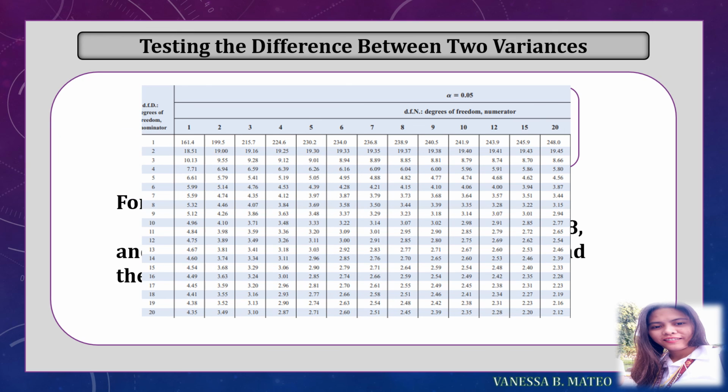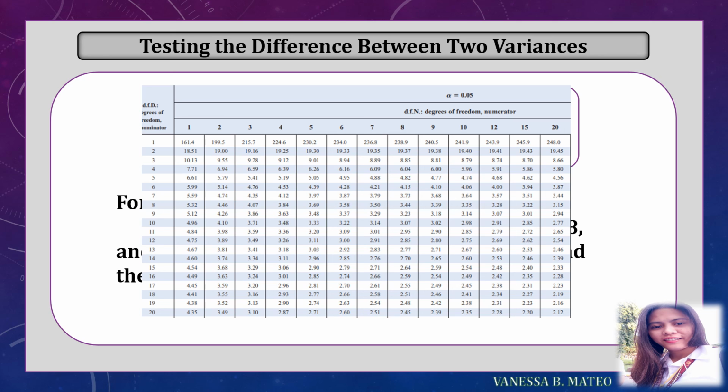It is not absolutely necessary to place the larger variance in the numerator when you are performing the F-test. That is because critical values for left-tailed hypothesis tests can be found by interchanging the degrees of freedom and taking the reciprocal of the value found in table H. So, in this case, kailangan natin i-interchange yung dalawang degrees of freedom kasi tayo ay left-tailed test na.